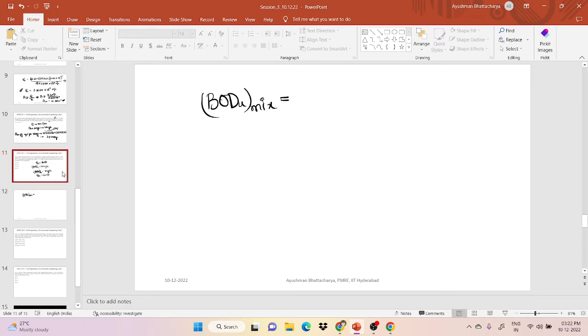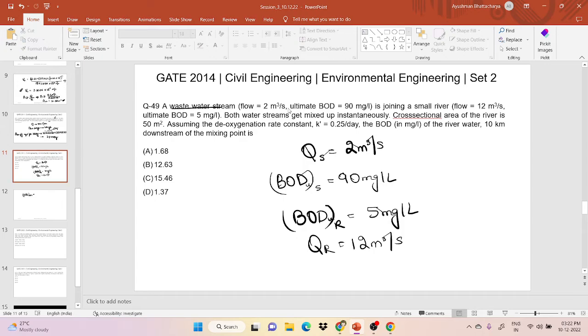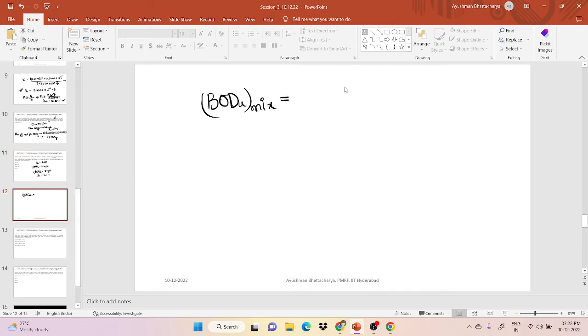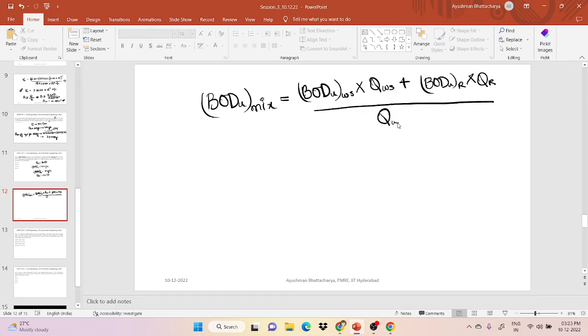So since one wastewater stream is joining a small river, basically BOD ultimate at that mixing point we will calculate as BOD ultimate of wastewater stream into flow of wastewater stream plus BOD ultimate of river into Q river, divided by Q wastewater stream plus Q river, the addition of flow rate.